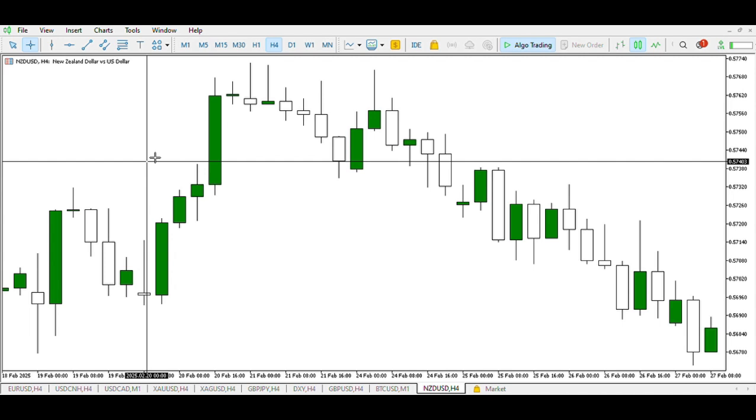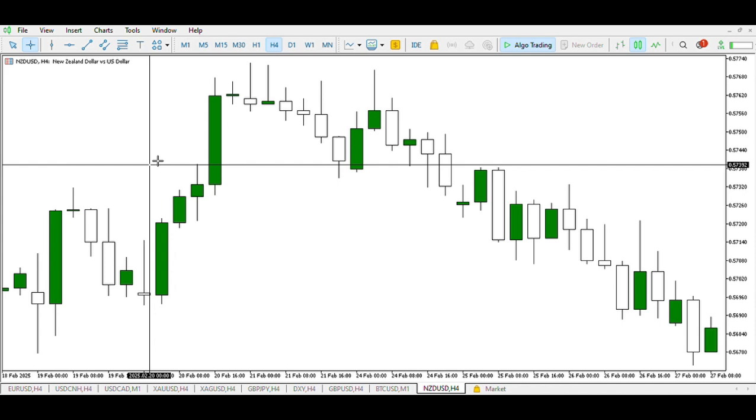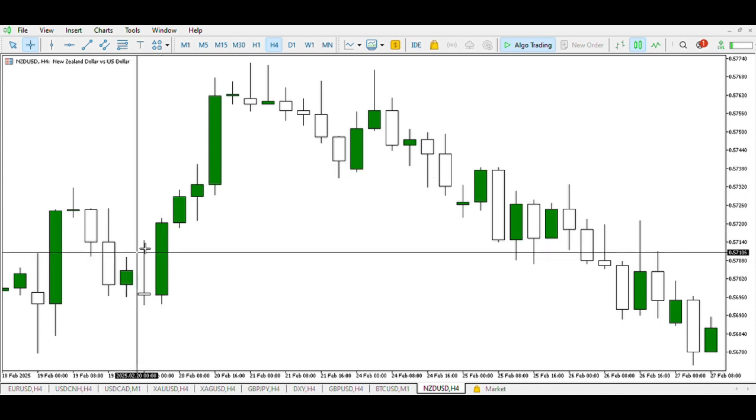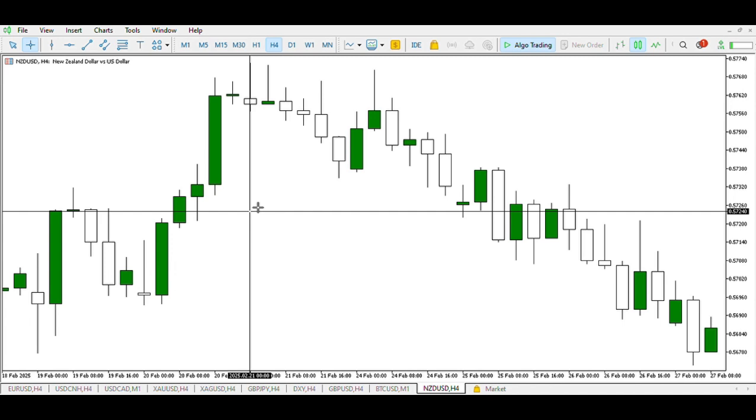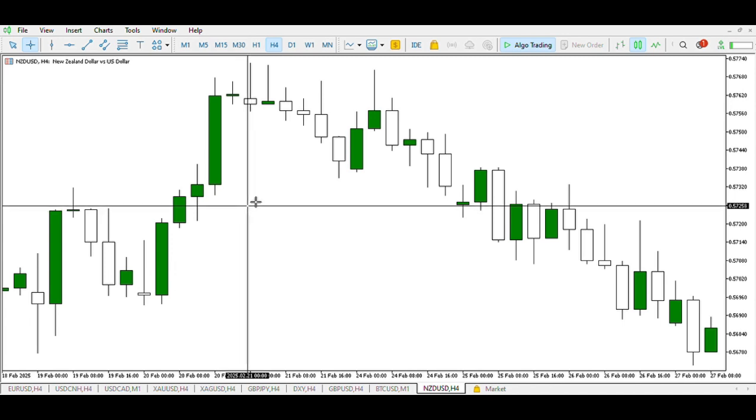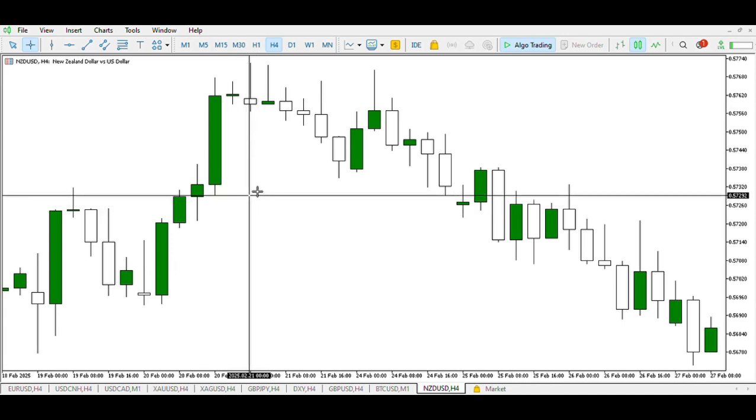As you can see, this candle, it is the first candle of the day, a sell candle, and what happens? The market breaks the zone. So there are many numerous examples you can check, you can go and see on your own.